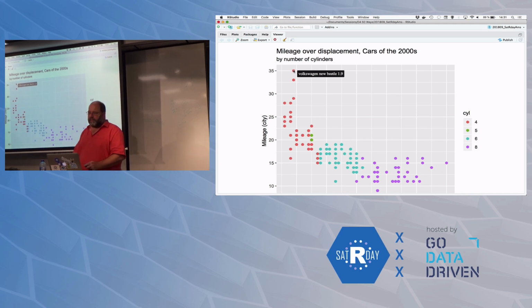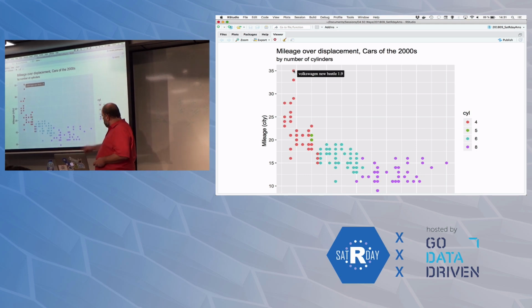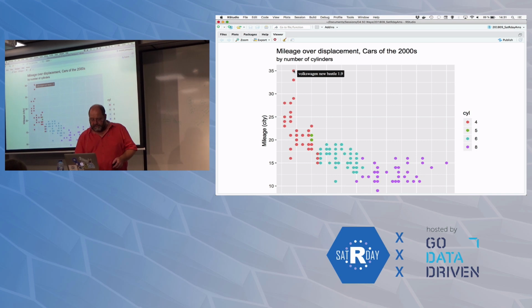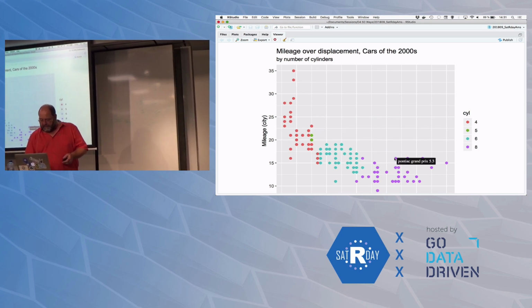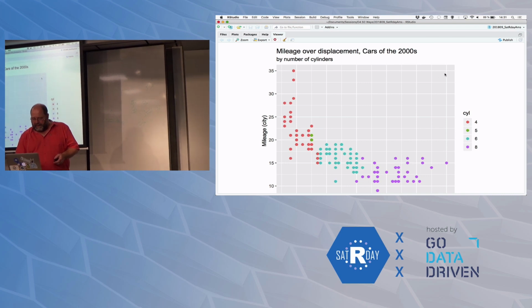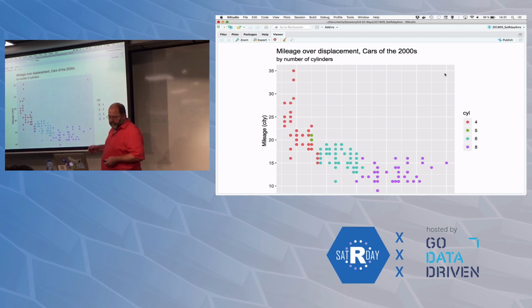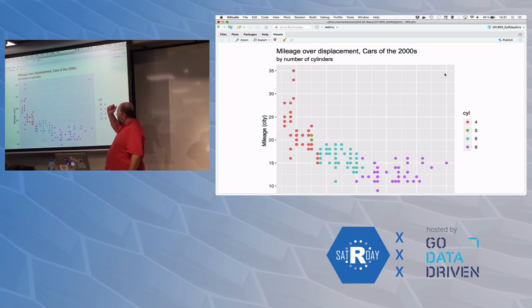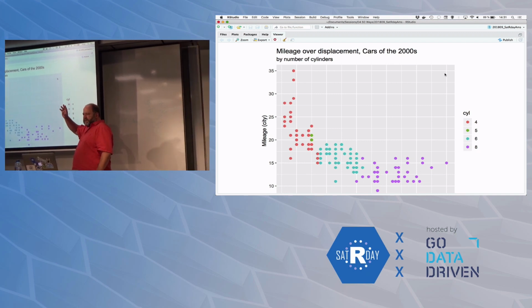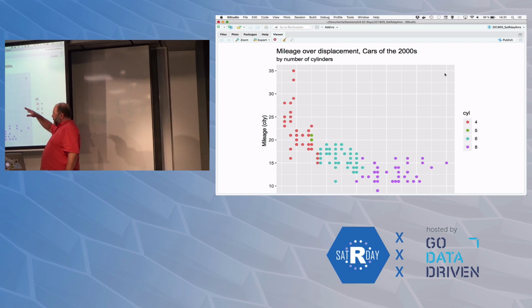You can move your mouse onto one of these spots and it tells you which model it actually is. Volkswagen here, Nissan there, and so on. And I think if you use another nuance of it, you can even click on it and it opens some website or fires some other action. I didn't dig into that, but it's possible.